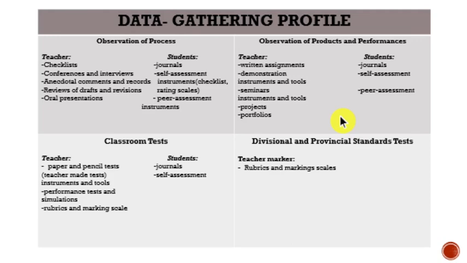In the observation of products and performances, for teachers, we have written assignments, demonstrations, seminars, portfolios. For students, they have journal, self-assessment, peer assessment. For classroom test, for teachers, we have paper and pencil test, performance test and simulations. For students, they have journals and self-assessment. For divisional and provincial standard tests, teachers, markers, students, rubrics and marking scales.